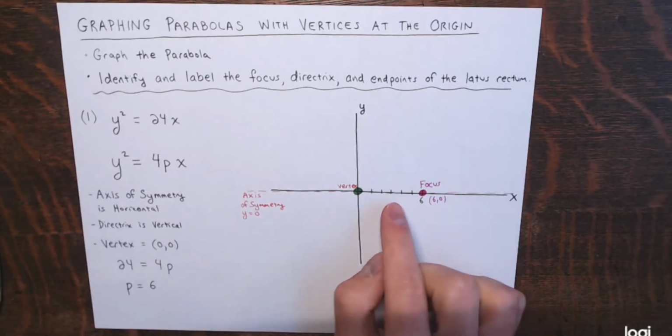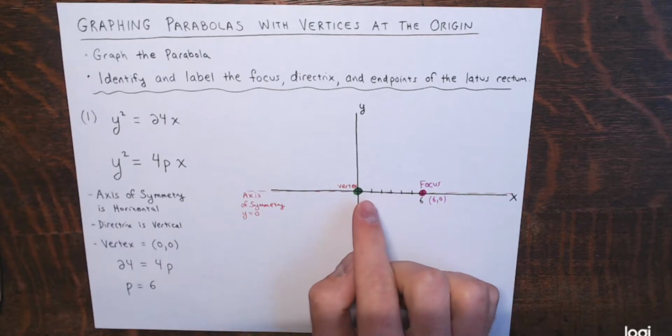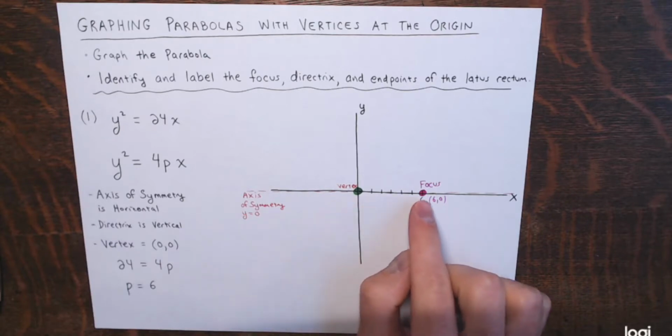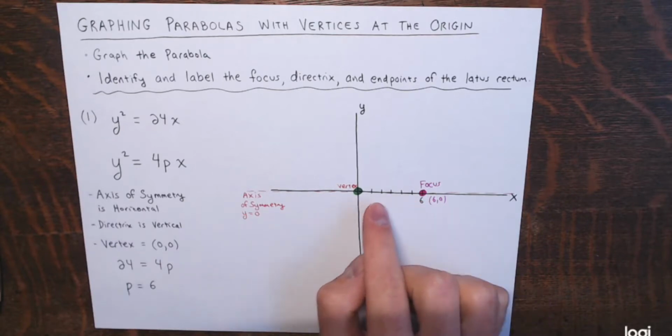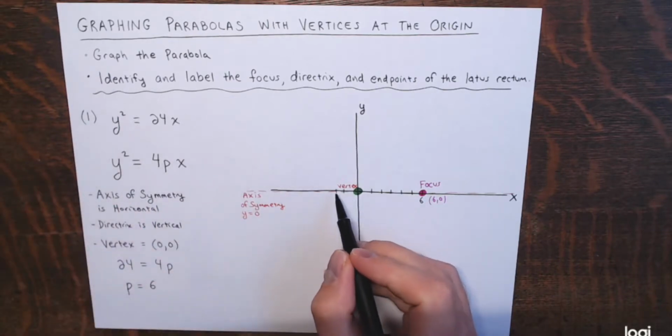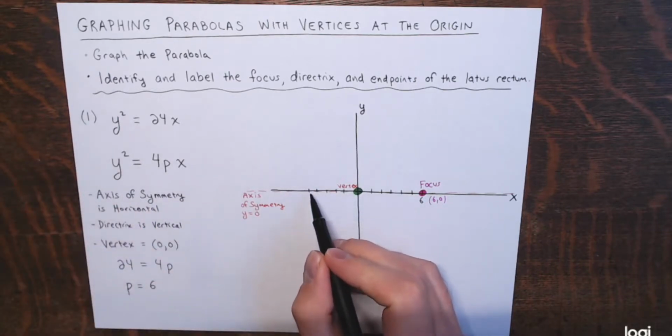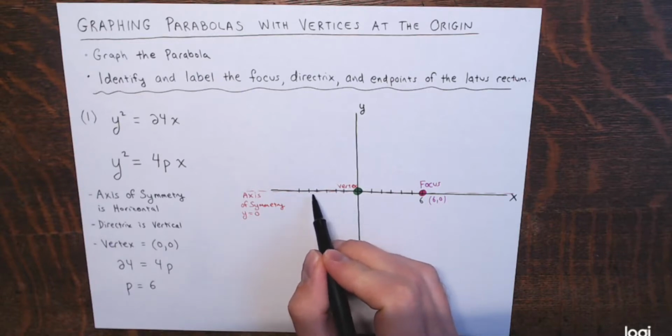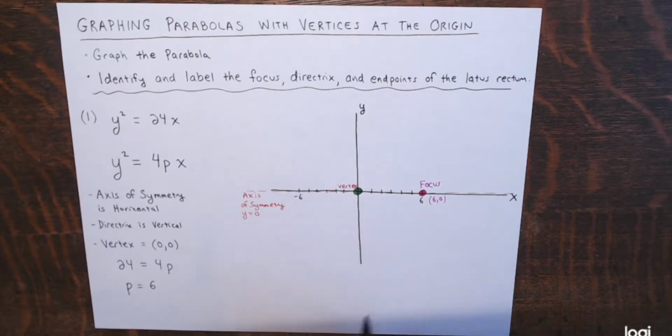And then, since the focus is 6 units to the right of the vertex, the same distance on the other side, 6 units to the left of the vertex, 1, 2, 3, 4, 5, 6, is where the directrix will be.